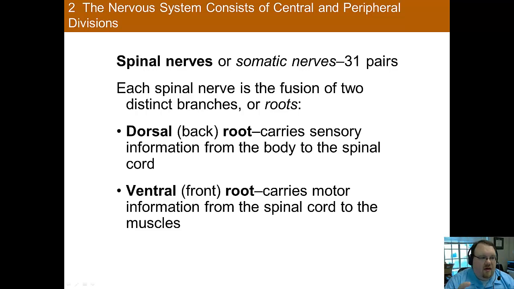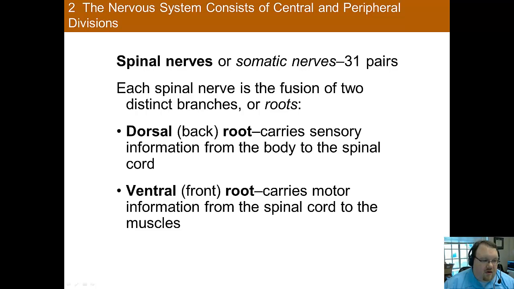So spinal nerves. There are 31 pairs of spinal, or somatic, nerves. Basically each one of each pair is for each side of the body. So it splits like this. Each side of the body has one of the two.